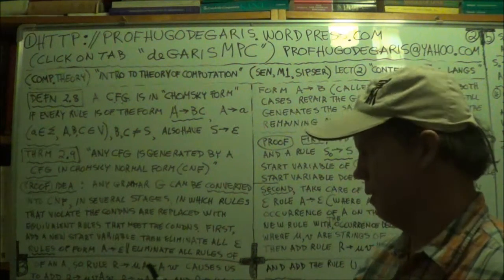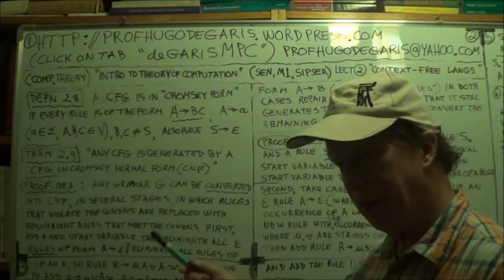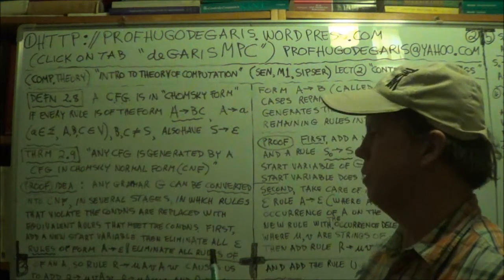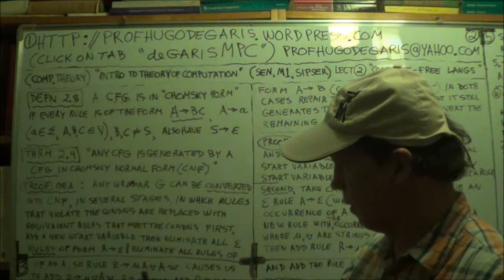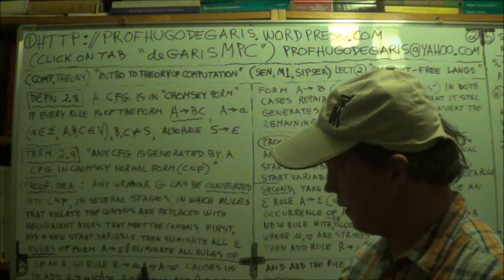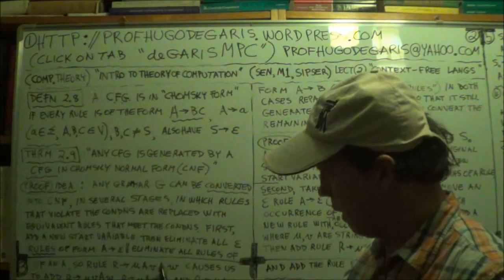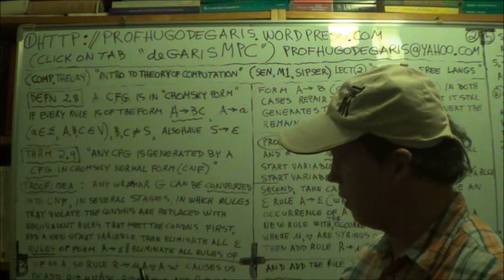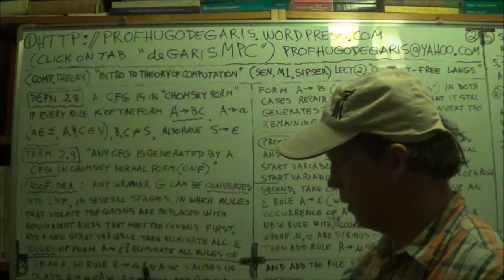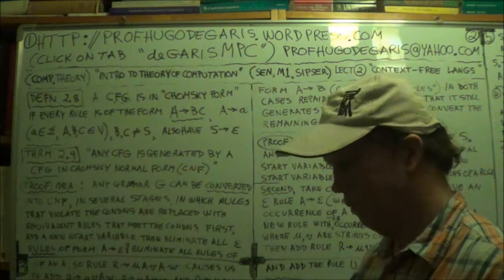So you throw out the A arrow epsilon, and then you add 3 more rules to your rule set that correspond to eliminating the A. You'd then have UVAW. The second one, you eliminate this A, so then you'd have UAVW. And the third possibility is you eliminate both of them, so you just have UVW.